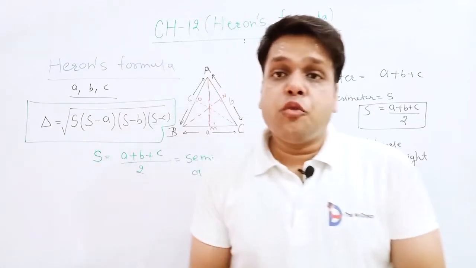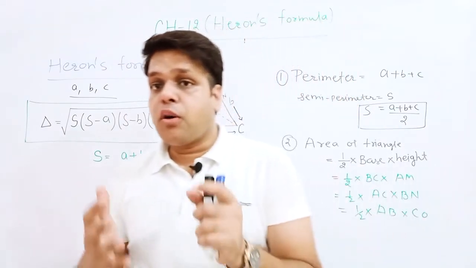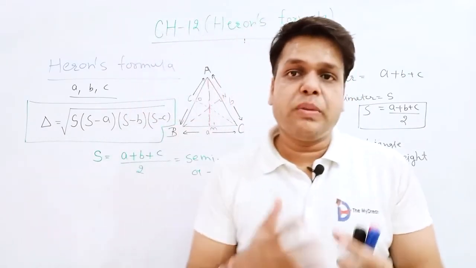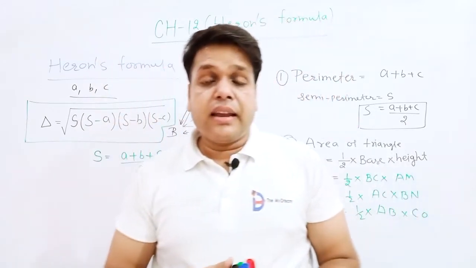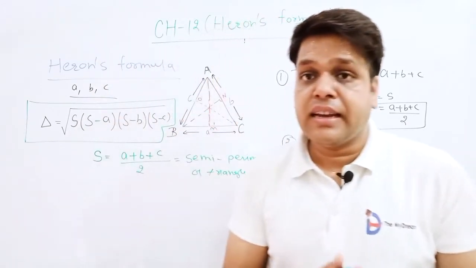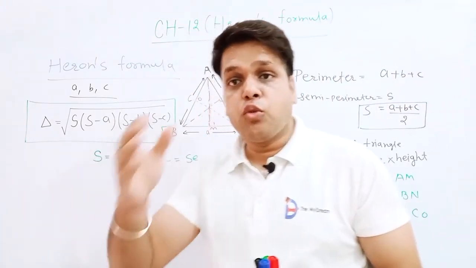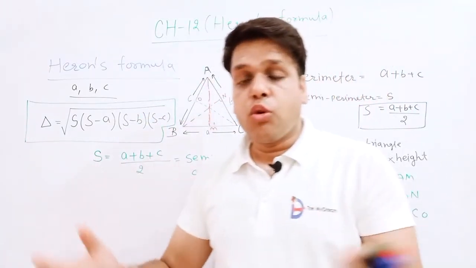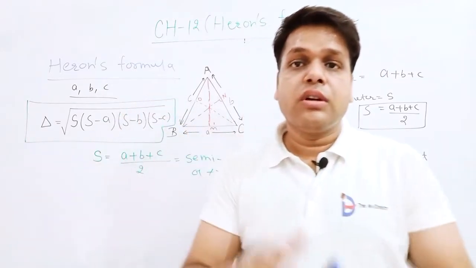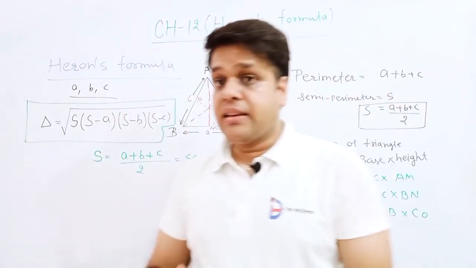Now if you want the area of a combination of triangles, you basically connect it by lines to make some more triangles, and then you can easily find the areas.